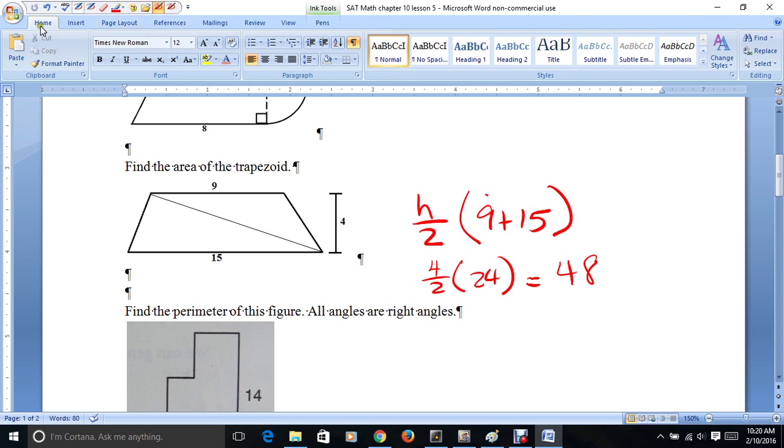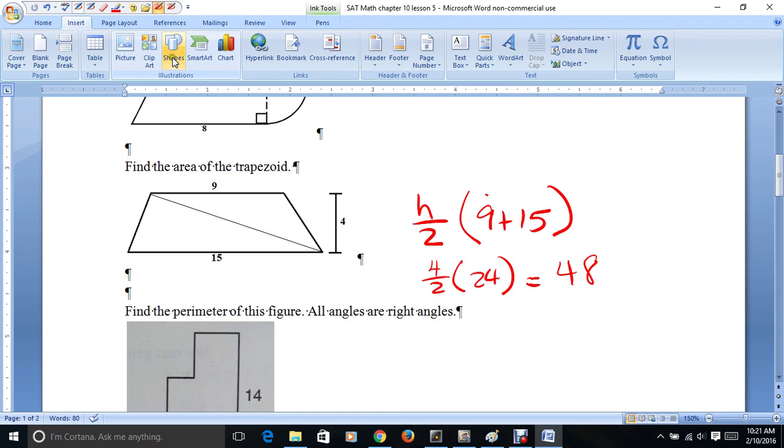And then to find the perimeter of the trapezoid, again, I'm going to drop altitudes down so that I can see these two right triangles on the ends.